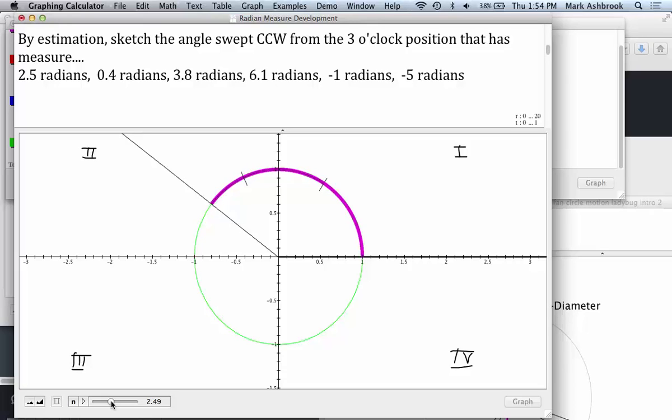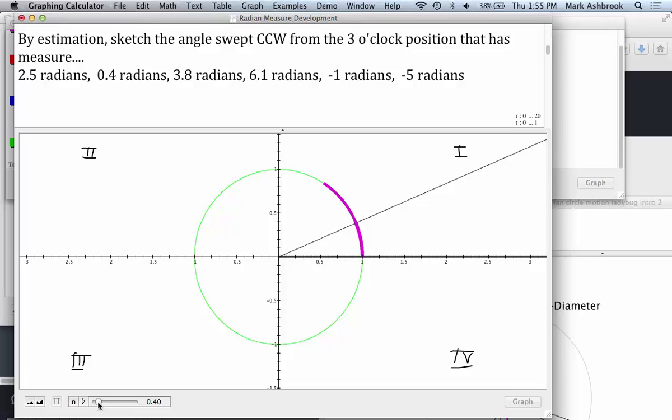2.5 radius lengths. Okay, Anna, how about 0.4 radians? Can you tell me? First quadrant. Toward the top, toward the middle, or more toward the bottom? You said toward the bottom? Yep, I would agree. That's 0.4 radians.